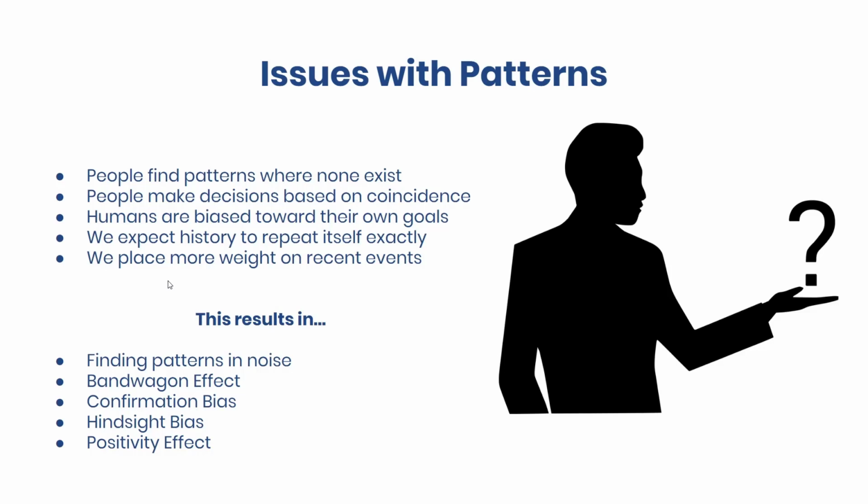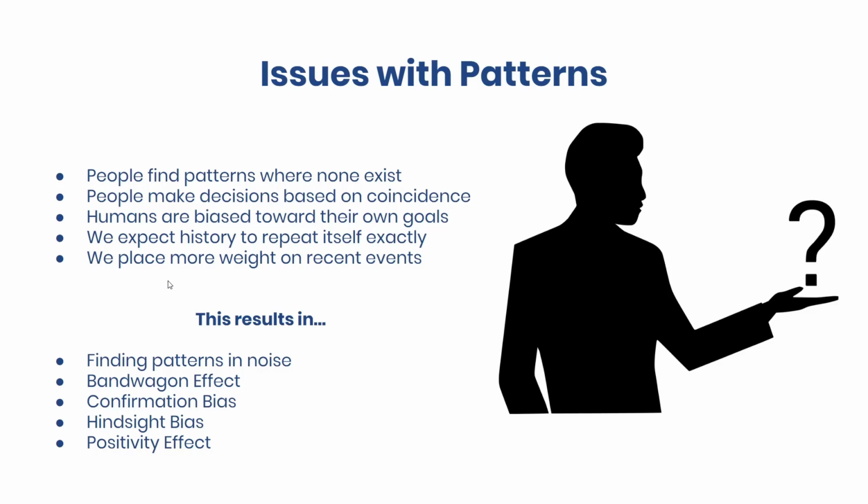Lastly, we place a lot more emphasis on recent events. Let's look at that bull flag example. We have 15, and let's say 13 of those have worked out poorly. They have all failed. And the last two worked out perfectly. They broke to the upside. We're going to place a lot more emphasis on those recent events than we are on the previous 13 events.